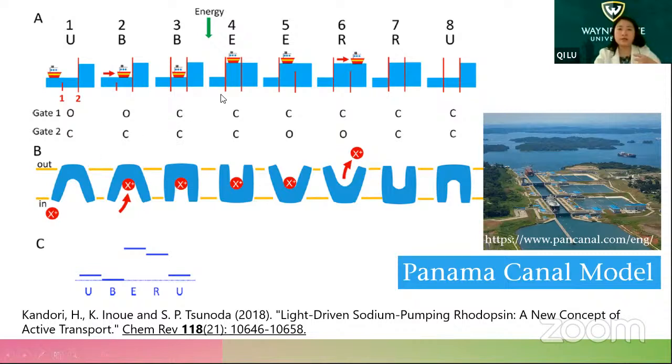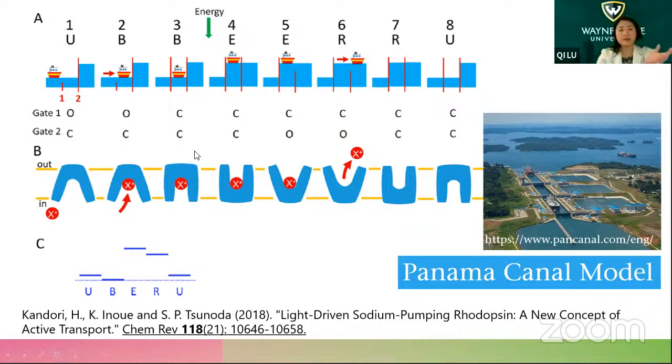For the Panama Canal, there's some electrical and mechanical energy needed to put the water into the center part. For the proton pump, the energy comes from a photon. The whole structure of rhodopsin can capture the photon and convert this energy, causing a conformation change, and then make these pumps open.